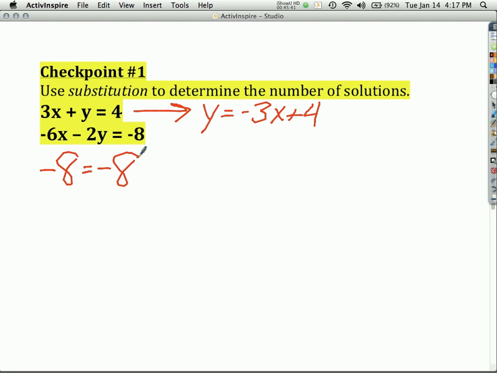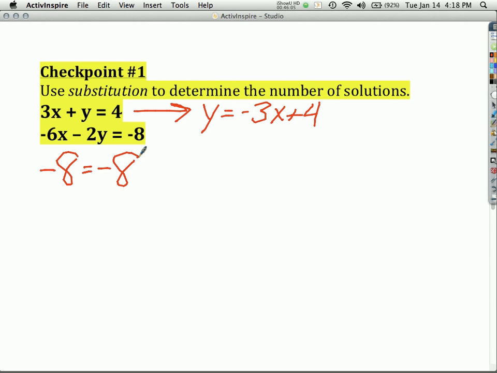Now, some of my even higher level students might have picked up on some other things. Anyone pick up on anything else? Eric, we'll start with you, and then Shelby, and then Catalina. You got 0 equals 0. Did you use substitution, or did you use elimination?